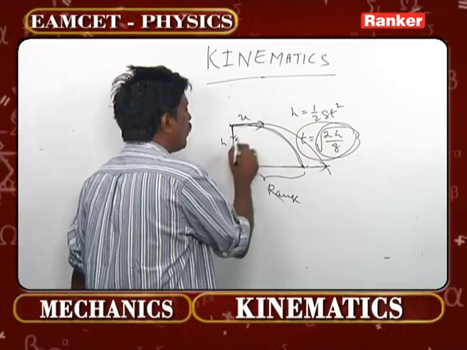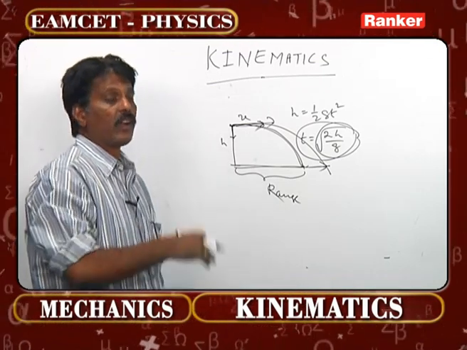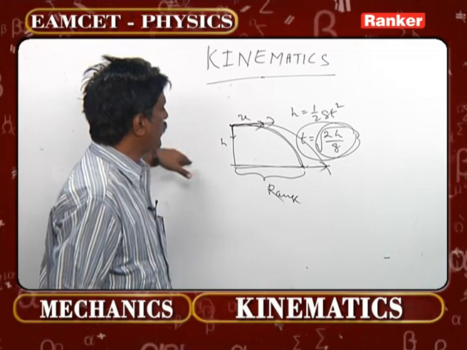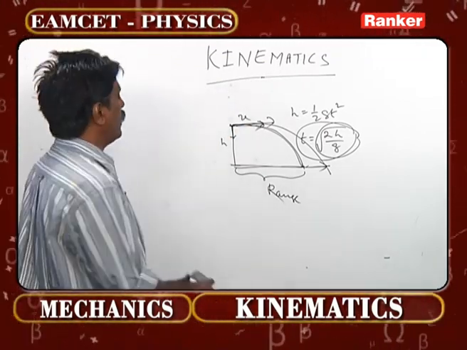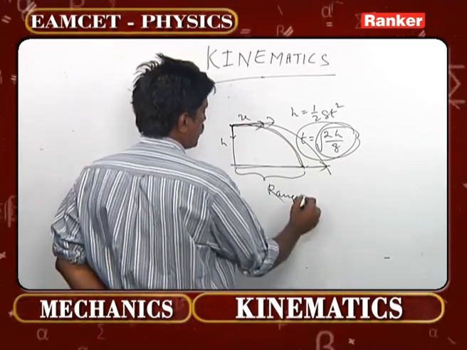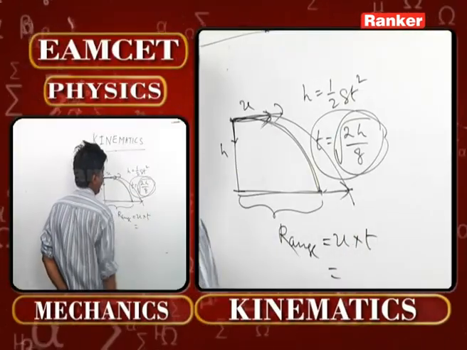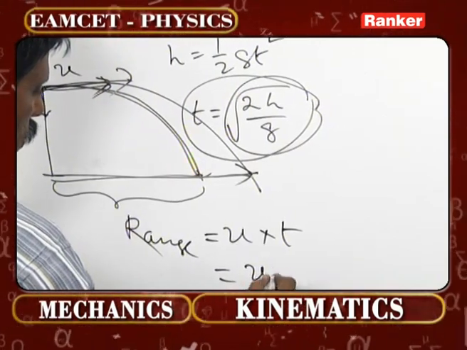And what is the velocity in this direction? u. There is no acceleration or retardation in the horizontal direction. Therefore, this u remains constant until the time the particle reaches the ground. Therefore, horizontal displacement by the time it reaches the ground, which is called range, is equal to velocity into time, that is equal to u into root of 2h by g.